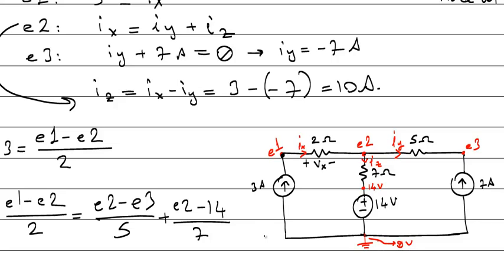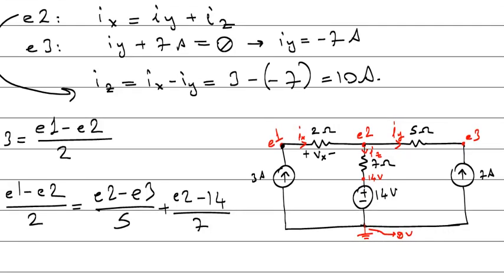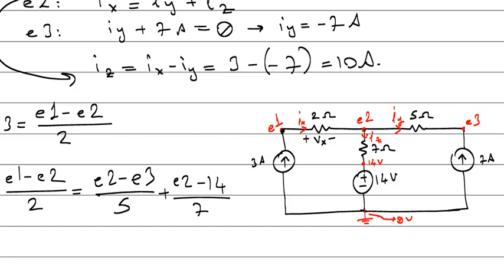Okay? Look, the current is from positive to negative, always. Current is coming from E2 to 14 volts. The third equation, Iy is E2 minus E3 divided by 5, plus 7 is equal to 0.